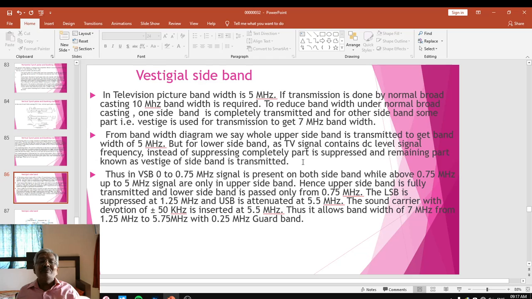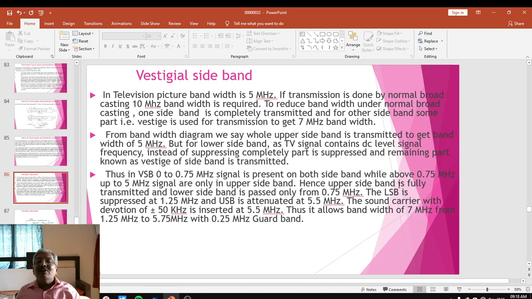What standards are being used? In VSB, the 0 to 0.75 MHz signal is present from both the lower as well as the upper sideband, while from 0.75 MHz up to 5 MHz, signals are present only from the upper sideband, not taken from the lower sideband. Hence, the upper sideband is fully transmitted and the lower sideband is passed only from 0.75 MHz.